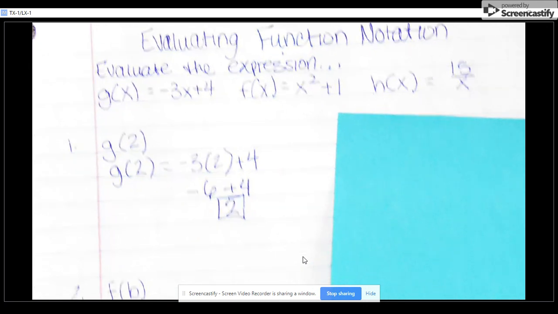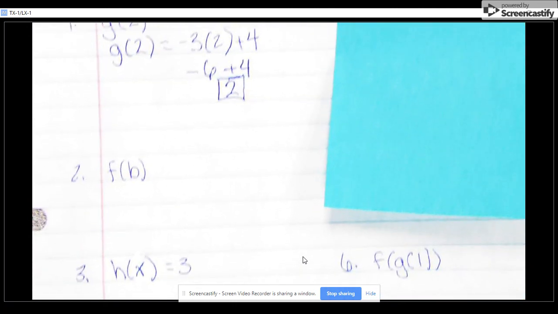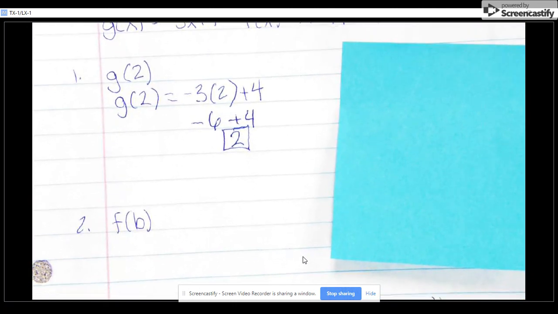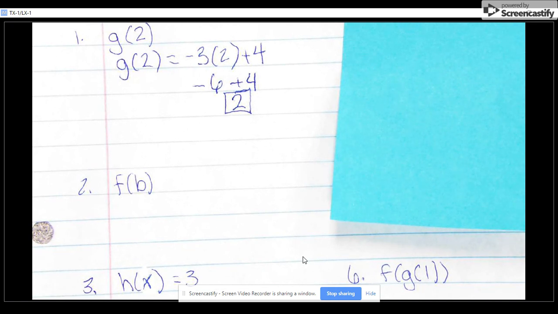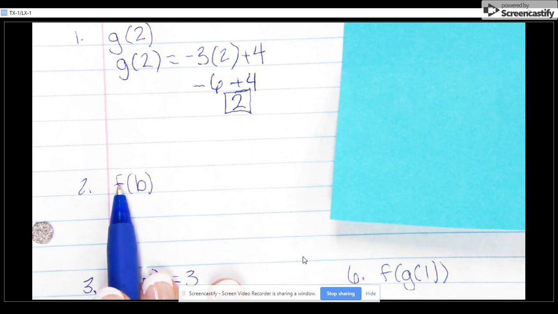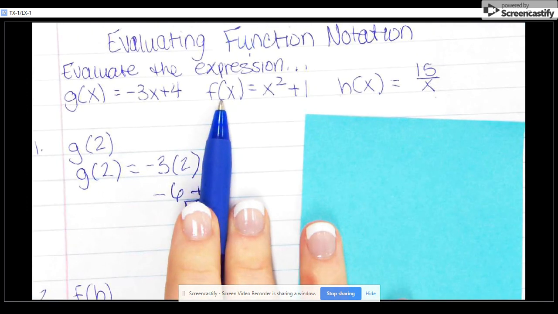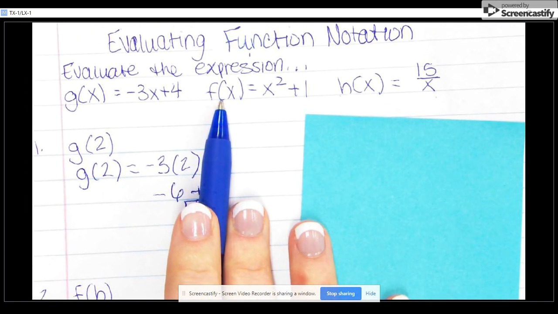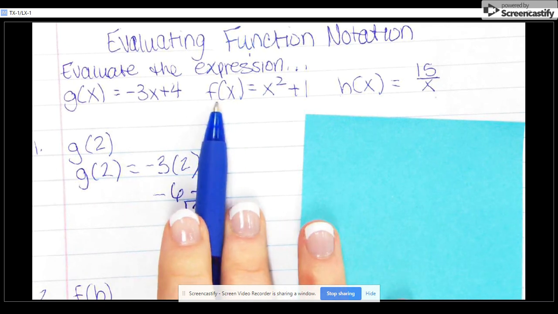Now let's move on to problem 2. So problem 2 says f of b. Sometimes it's not a letter that's replacing x, or a number that's replacing x. Sometimes it's just another letter. But guess what? It's still the same idea. I'm going to match up my f in front of my problem with the f that is in front of the equation.